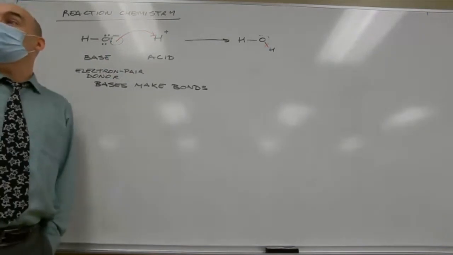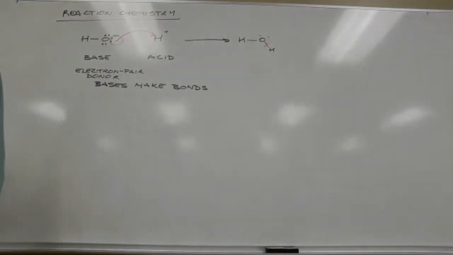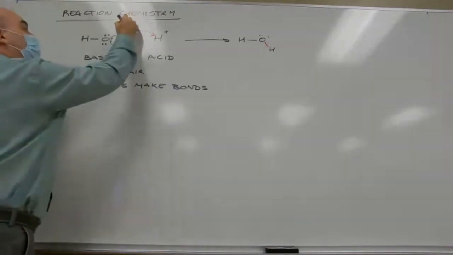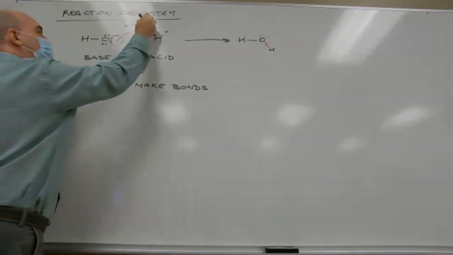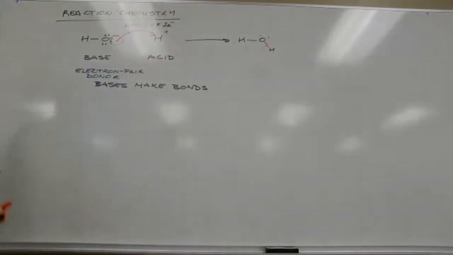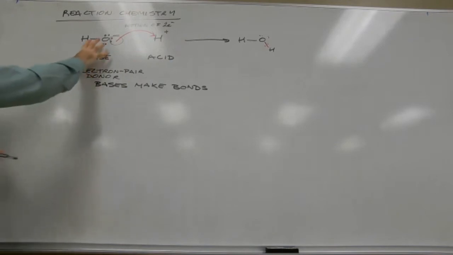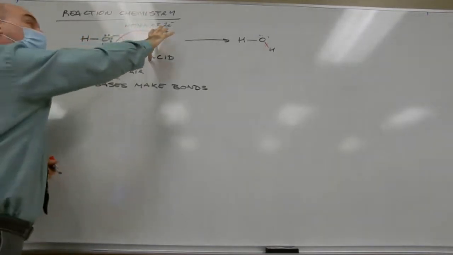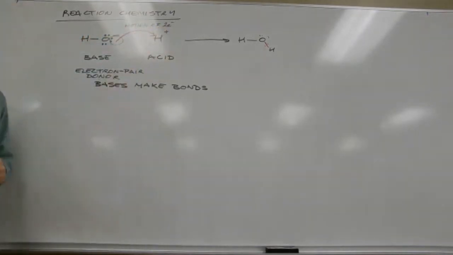Every time we see a curved arrow, it is the motion of two electrons, coming from an area of high electron density and going to an area of low electron density.